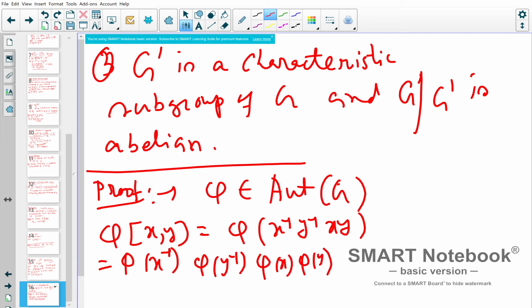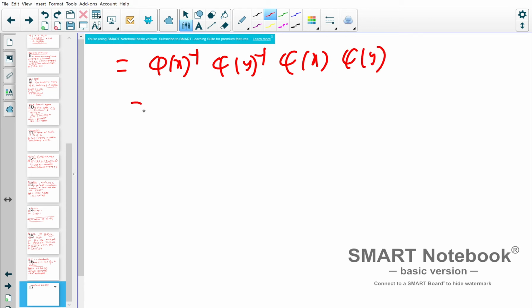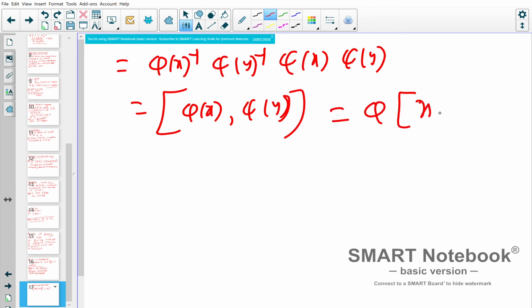That is equal to phi of x whole inverse, phi of y whole inverse, phi of x, phi of y, which is the commutator of phi x and phi y. So we proved that phi of a commutator is the commutator of the images.